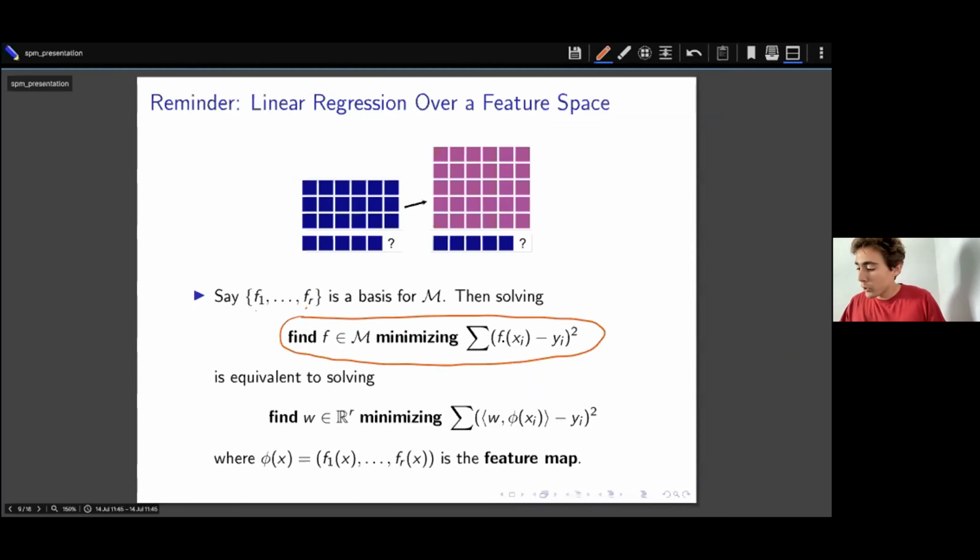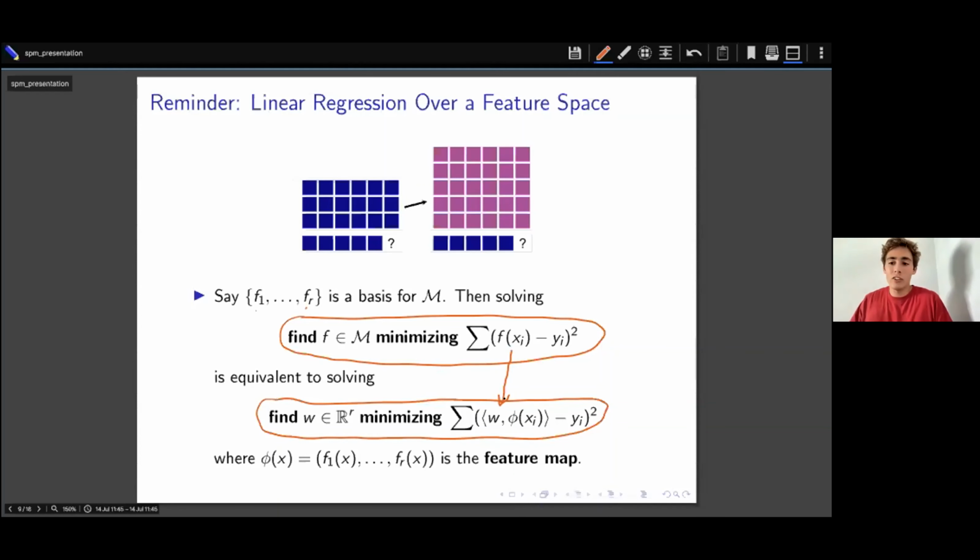Well, if we write this model in coordinates and look at this minimization problem, this is just a linear regression problem on this data set, where our independent vectors have been transformed by a certain feature map. So we can turn the problem of fitting a nonlinear model into the problem of just applying linear regression. So if you have a linear regression algorithm, we can solve this problem.